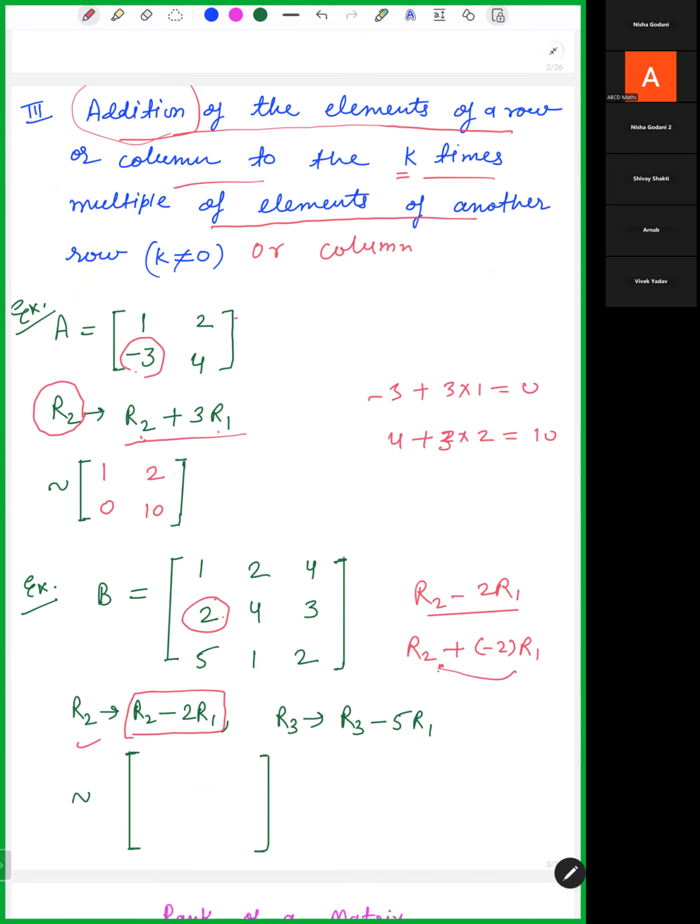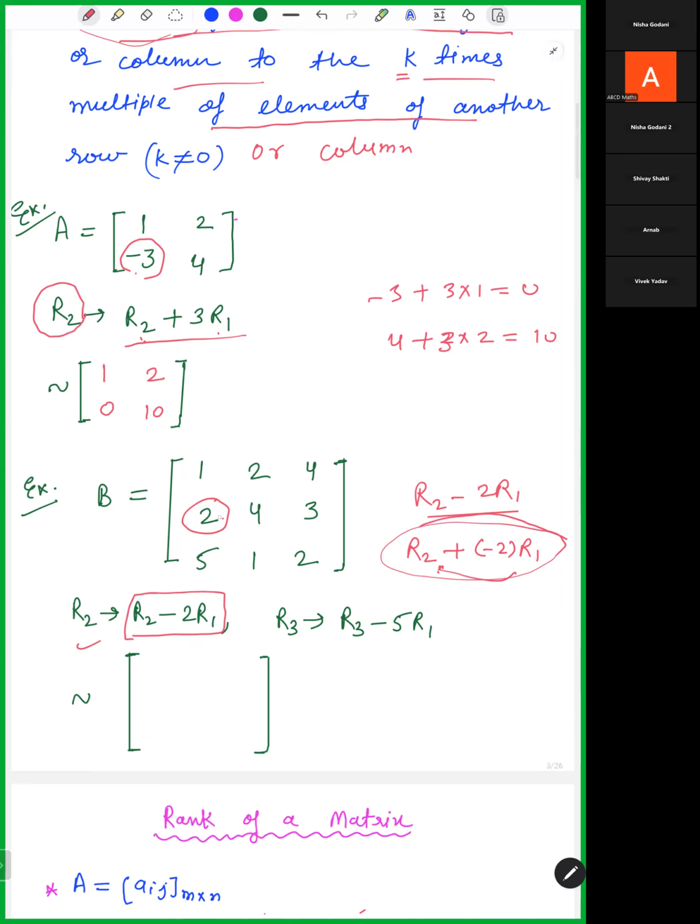Actually, I always do it like this. In R2 you have to make it 0, so I multiply R1 by minus 2 and add. In place of subtraction, addition is easier to do. So multiply R1 by minus 2 and then add in R2.